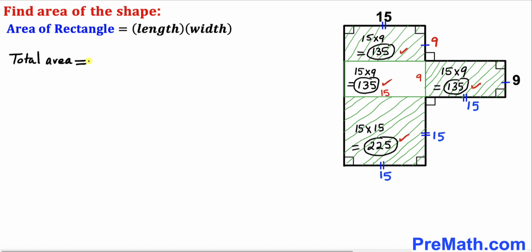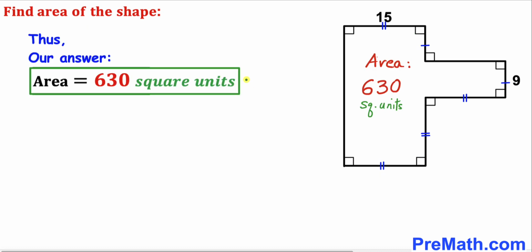Therefore the total area is going to be 135 plus 135 plus 135 plus 225, and if we add these numbers, that is going to give us 630 square units. So thus the total area of this given shape turns out to be 630 square units.